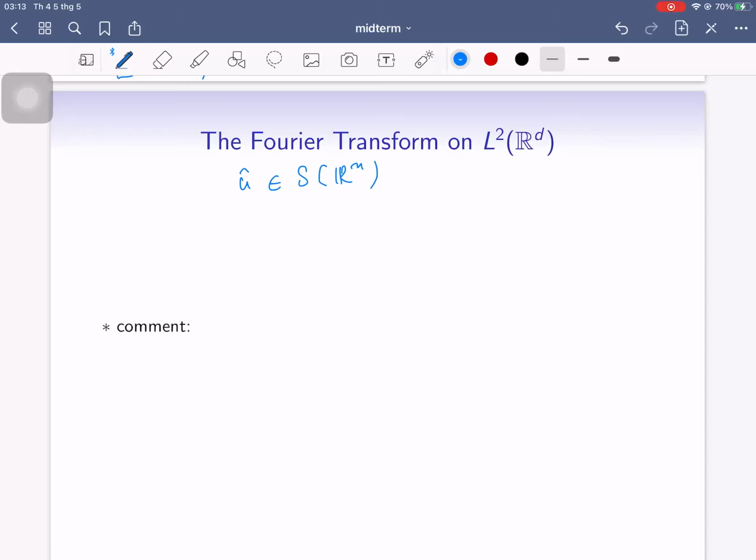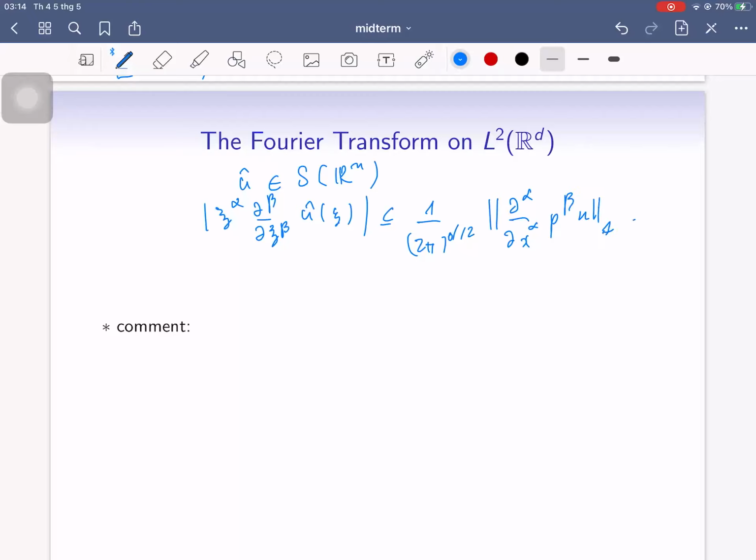Following the book, we have this inequality: C alpha beta of u hat is bounded by C times the L1 norm. From this we have u hat belongs to S, because this one is less than infinity.